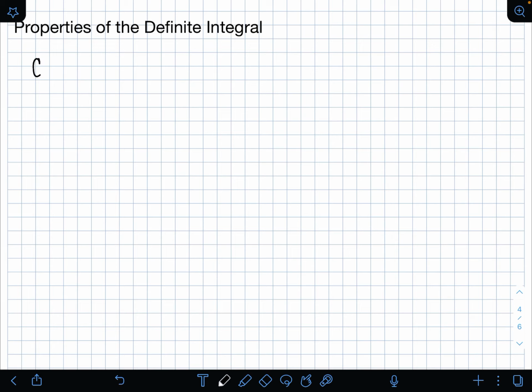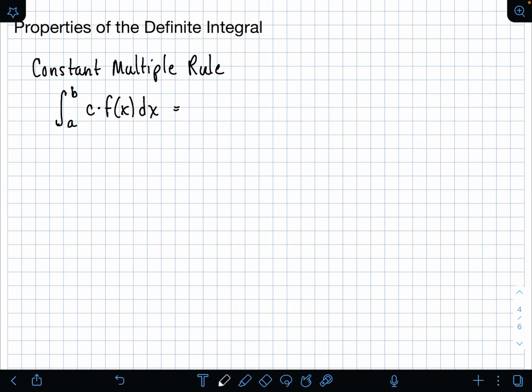They are the constant multiple rule, which says that the integral from a to b of c times f of x dx, much like we could do for limits, for derivatives, for antiderivatives, and for summation, we can bring that constant multiple out in front.